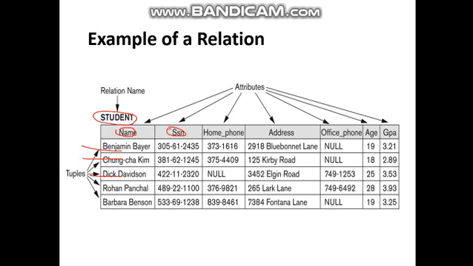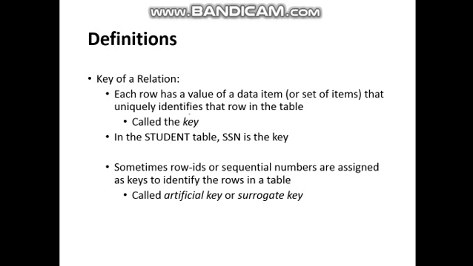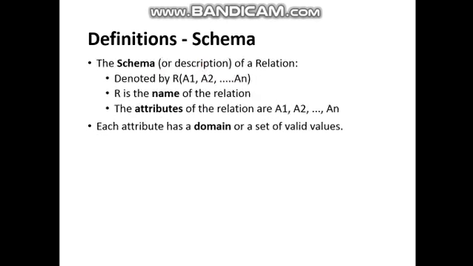For example, if we want to identify the name of the student having SSN 305612435, the result should be Benjamin Bayer. For that purpose the key plays a role. Sometimes row IDs or sequential numbers are assigned as a key to identify the row in the table. This is called an artificial key or surrogate key, which can be a combination of more than one field.